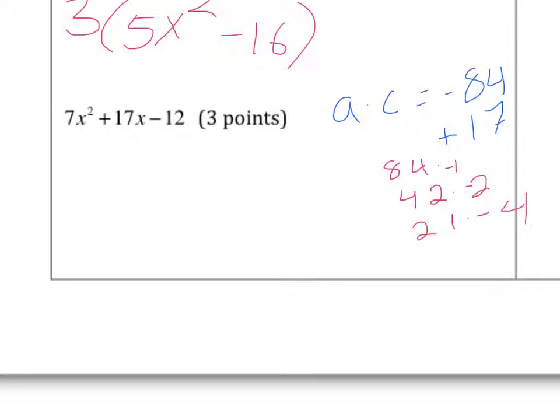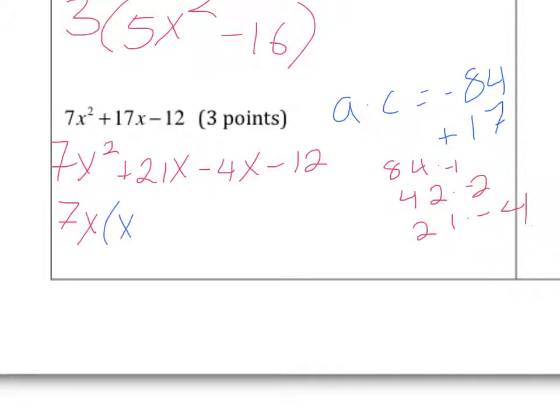There we go. 21 plus negative 4 is 17. Okay, so I've got 7x squared plus 21x minus 4x minus 12. My first two have a 7x in common.